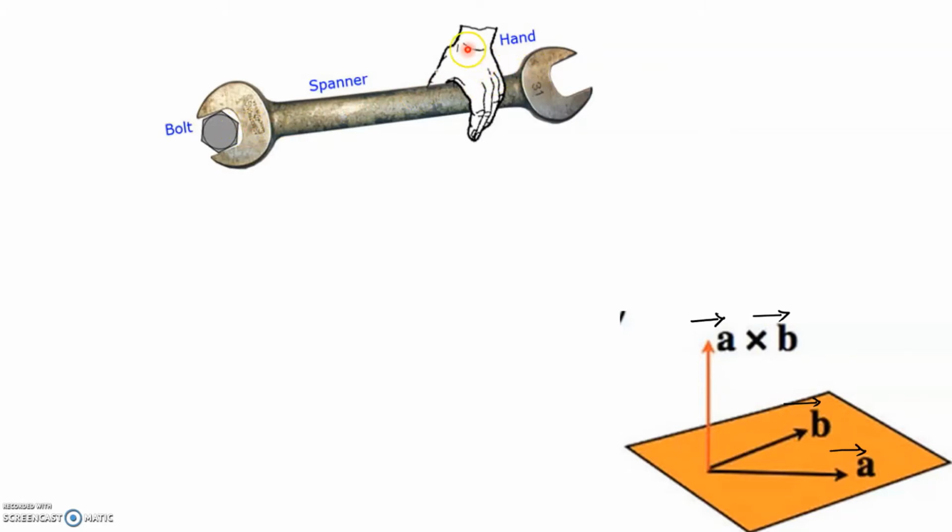Then you have a hand that's going to use its force on the spanner, and that force is going to start to rotate the bolt, and the result is the bolt would unthread and come out, or you can tighten the bolt. Right. So I'm going to define this long spanner as vector A.